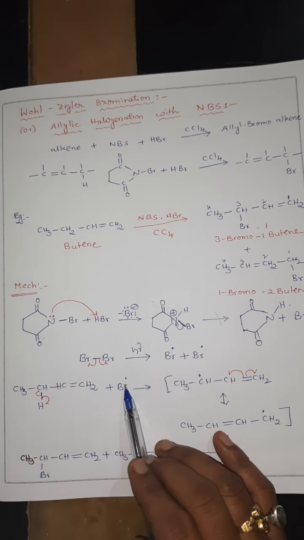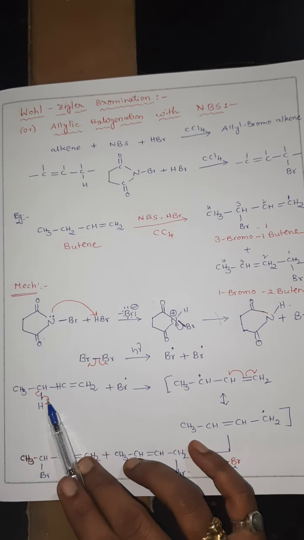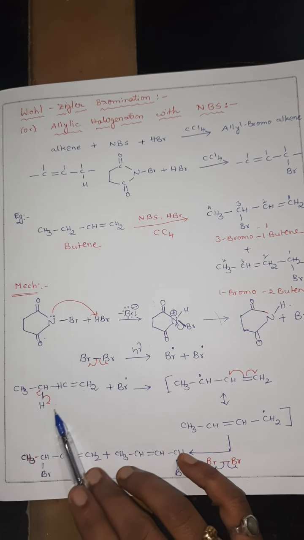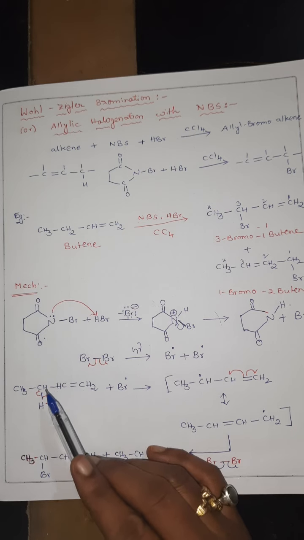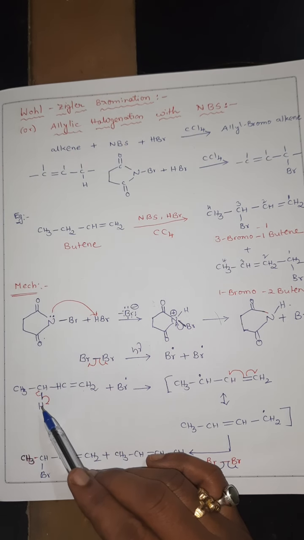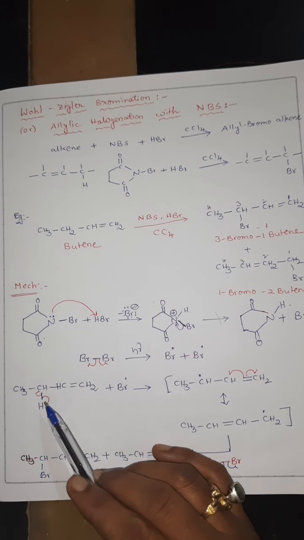This bromine free radical abstracts the hydrogen atom, that means it cleaves this CH bond in a homolytic way.